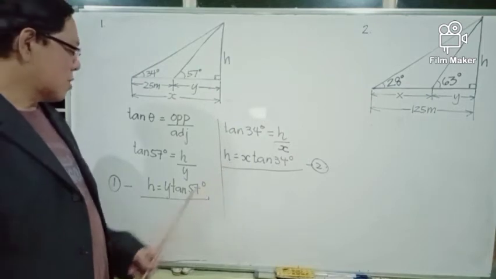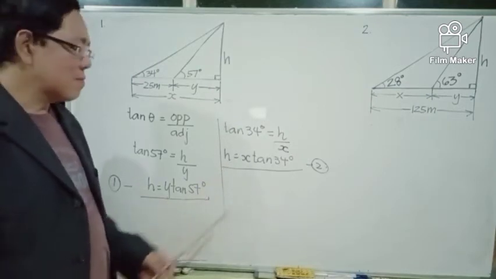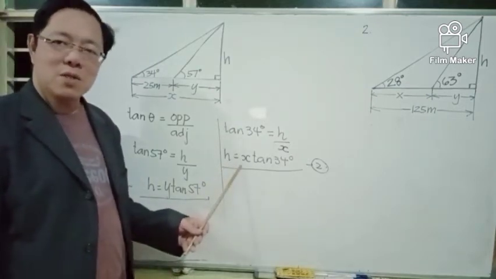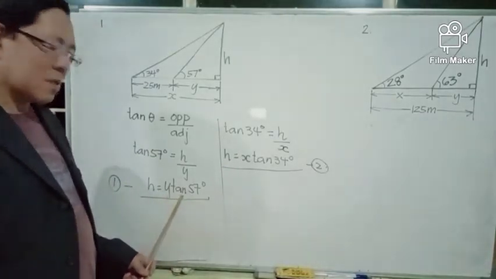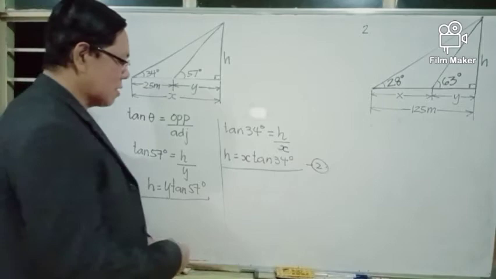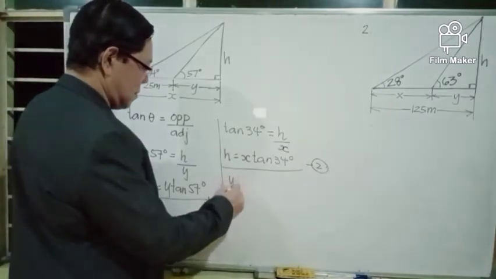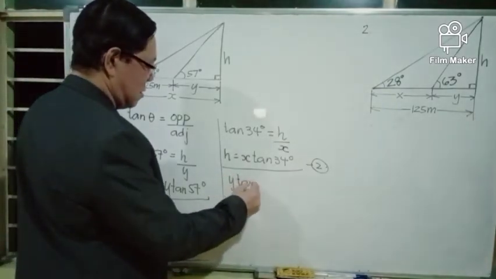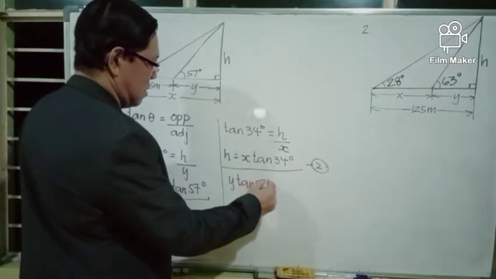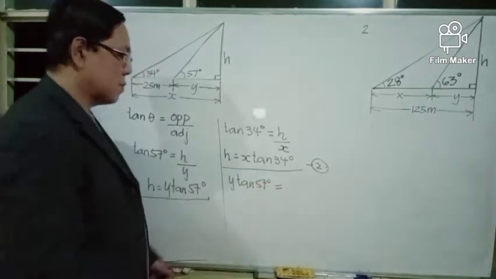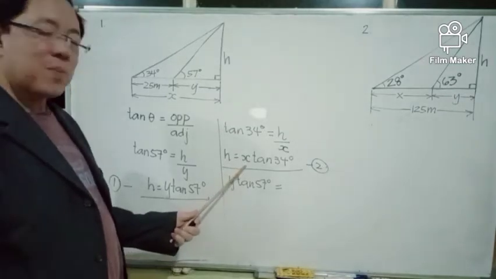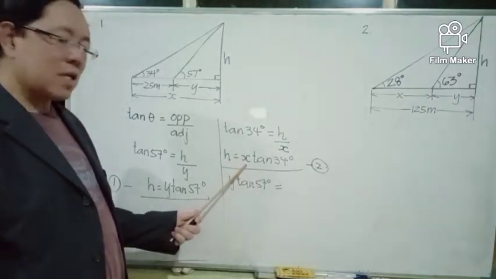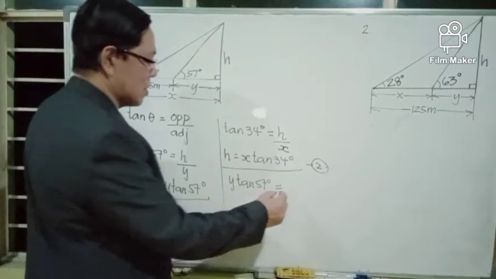Thus, we equate the value of h in equation 1 to the value of h in equation 2. From equation 1, h is y times tangent of 57 degrees, and this value of h must be equal to the value of h in equation 2, which is x times tangent of 34 degrees.